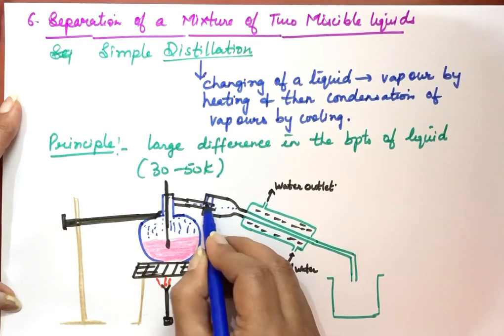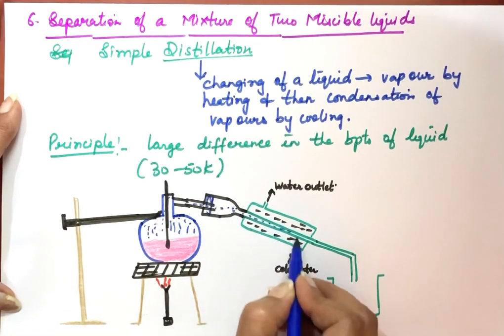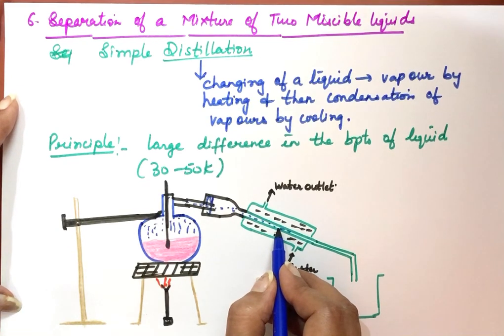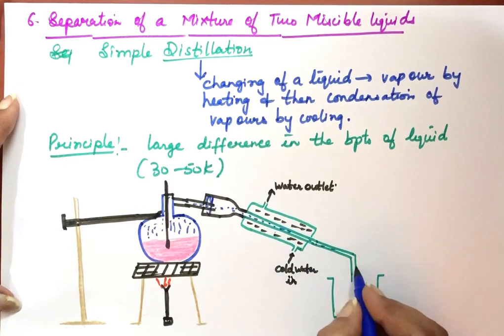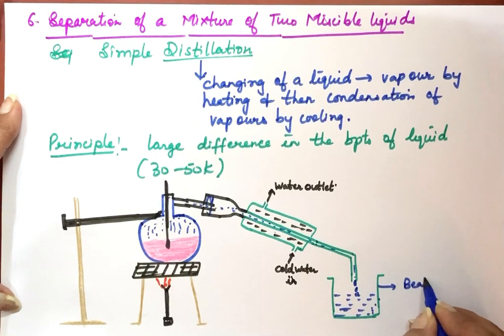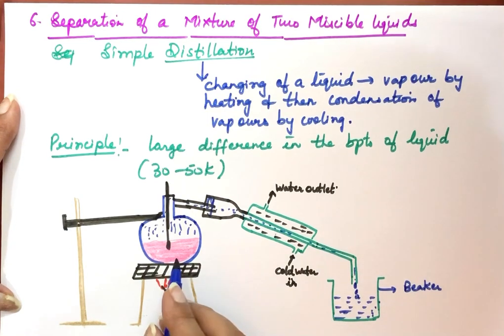When the vapors come in the condenser, the cold water will cool them, and the vapors will condense and change to liquid form. This liquid is collected in the beaker here. So which component will come in the beaker? The one which has a low boiling point, and the other component which has a high boiling point will remain here in the flask.